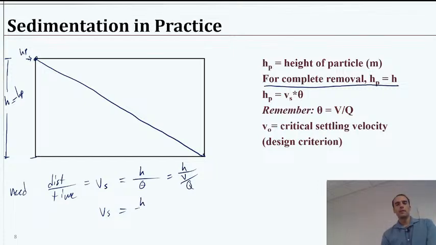If we write this out a little differently, this is h divided by the area times the height of our reactor, divided by Q. So we'll go ahead and divide that, and this is going to be equal to h times Q divided by the area of the basin, I'll put a b there for the basin, times h. So the h's will cancel, and we will get a term that says Q divided by the area of the basin.